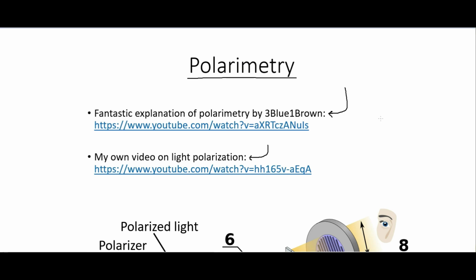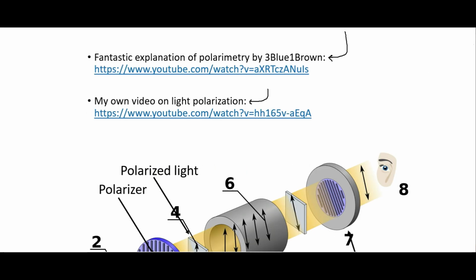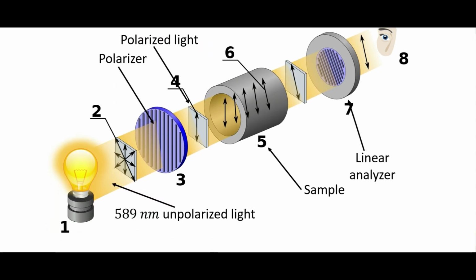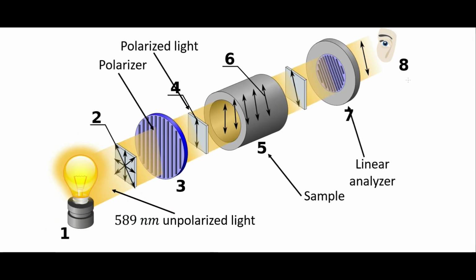So in this video, I'm just going to take it as a given that enantiomers do cause a rotation on the polarized light, without really explaining how or why they do that. And so in polarimetry, you have a setup that's basically like this.